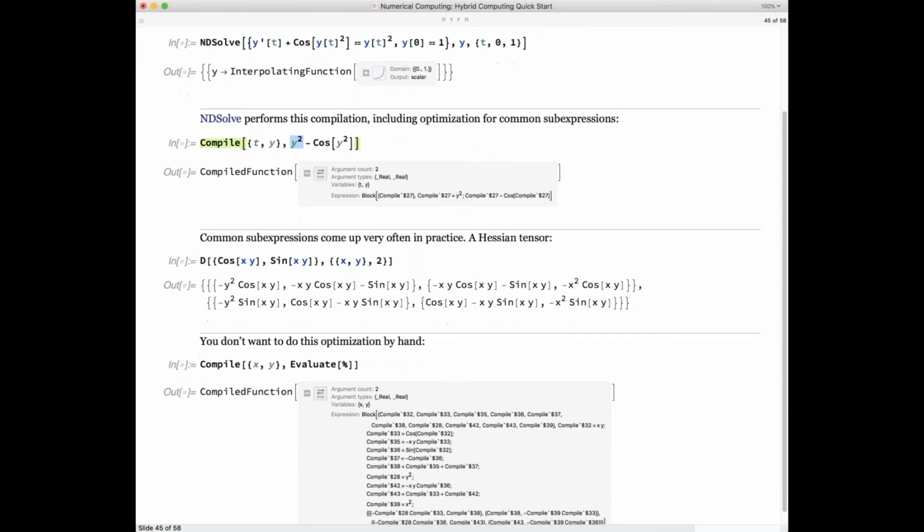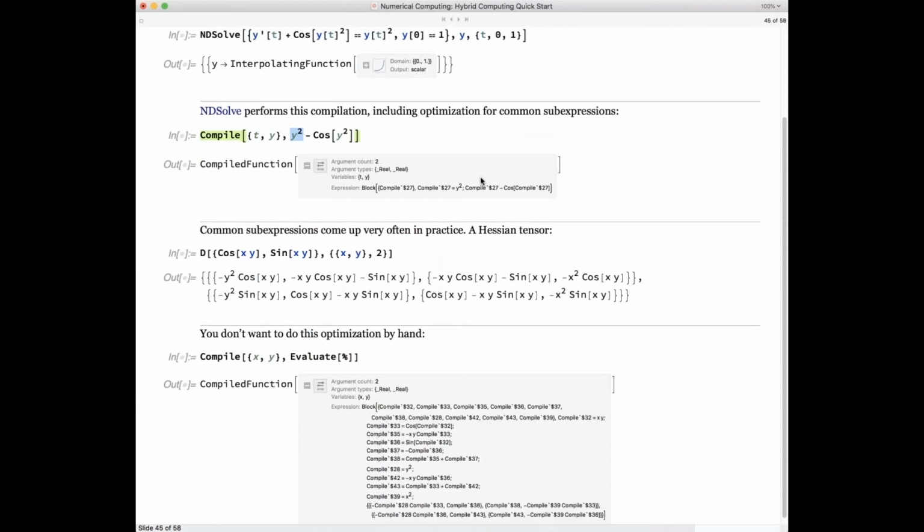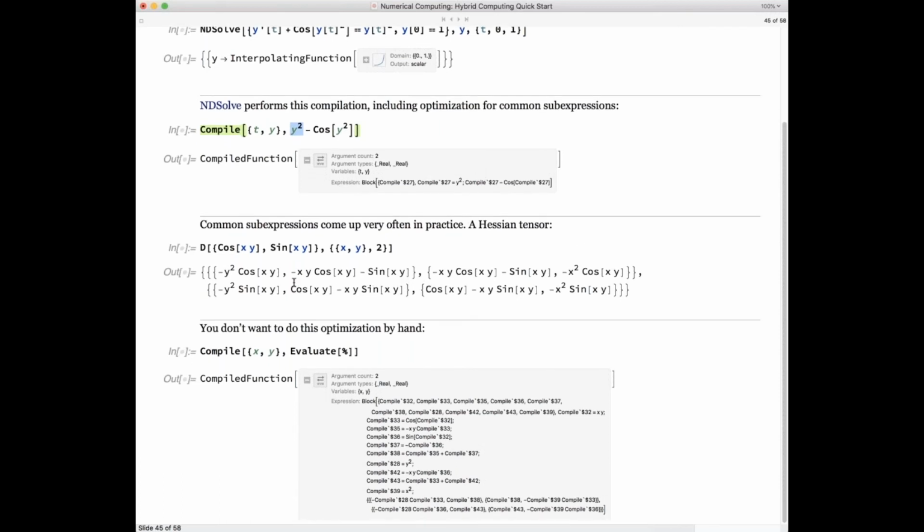situations. For example, take a look at this Bayesian tensor of this vector field. There are repeated sub-expressions all over the place, and when Wolfram Language compiles the tensor equation, it's able to greatly reduce the total number of low-level operations that take place, and this is the resulting compiled function.